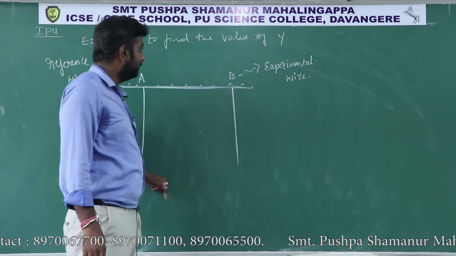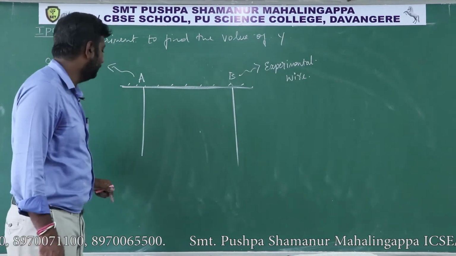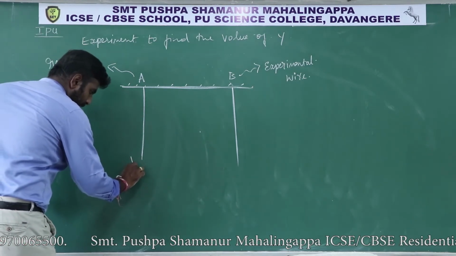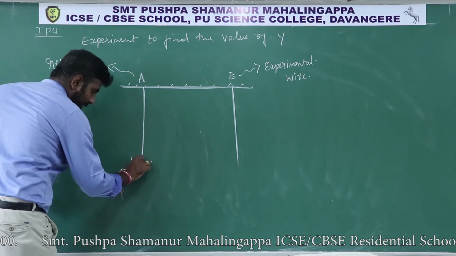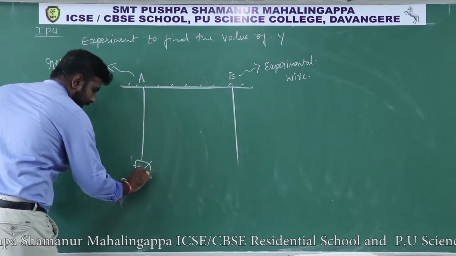What is our intention? We need to find the value of Y of this wire. And to this wire, a pan is attached.